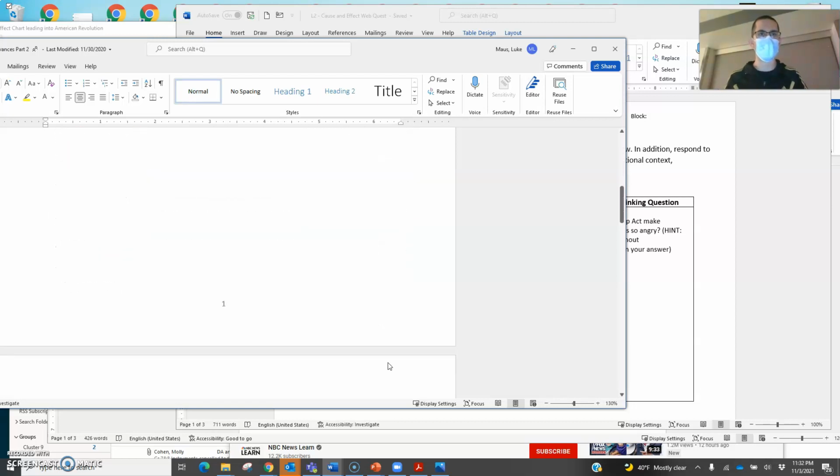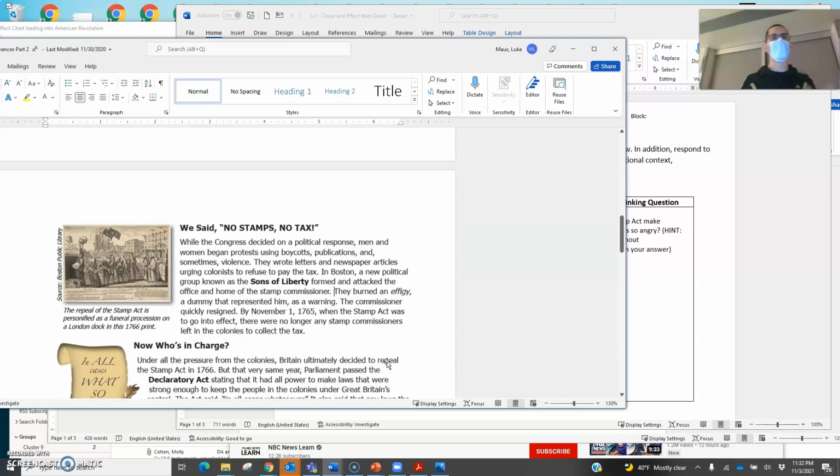Let's continue. It says, keep reading below. We said no stamps, no tax. While the Congress decided on a political response, men and women began protests using boycotts, publications, and sometimes violence. When you boycott something, by the way, that means that you are choosing not to buy the particular product. They wrote letters and newspaper articles urging colonists to refuse to pay the tax.